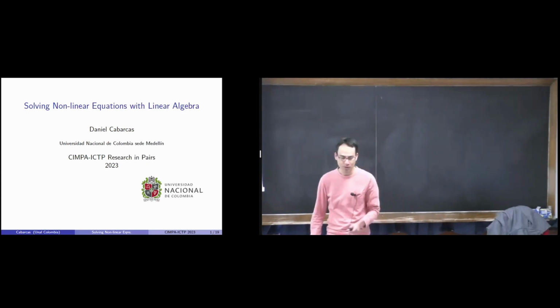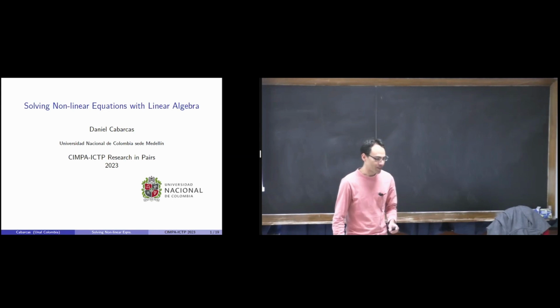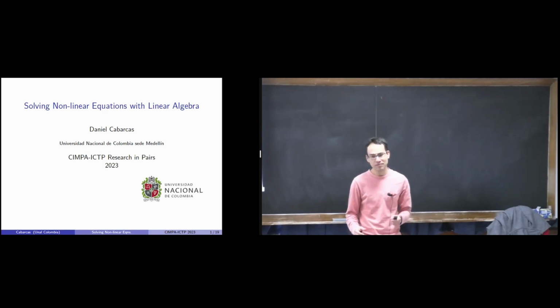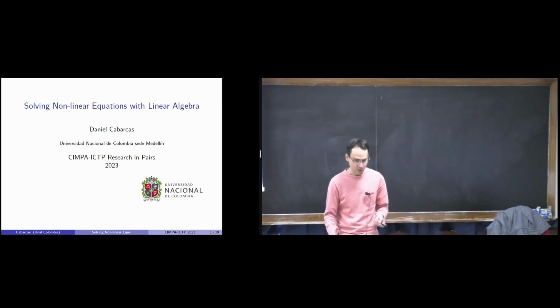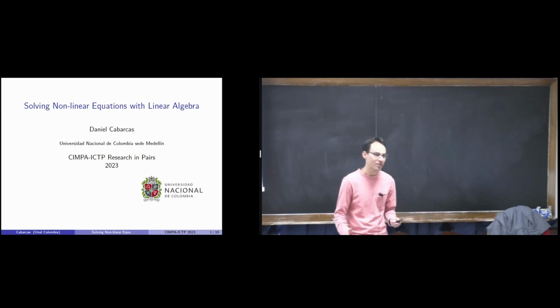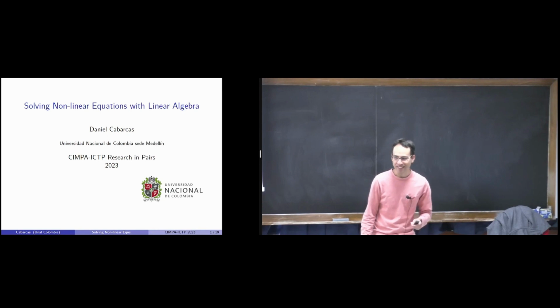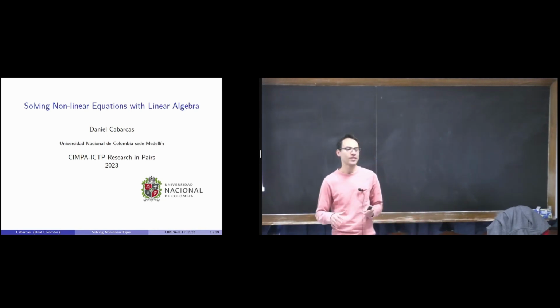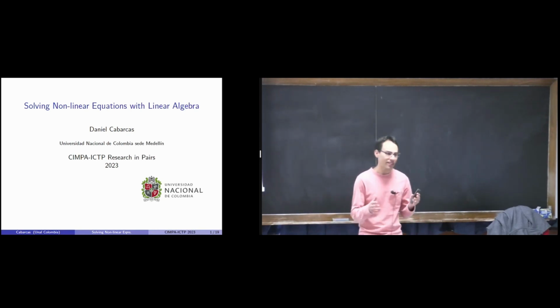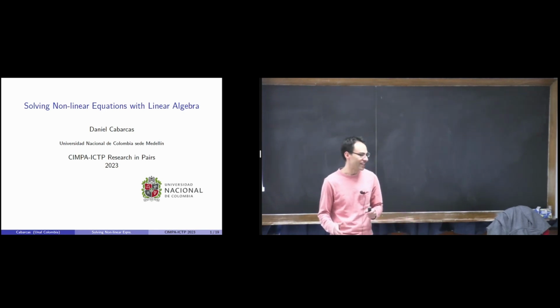Solving nonlinear equations with linear algebra. So solving systems of polynomial equations is a very useful tool. It has many applications in science and technology. The theory was developed in the 20th century, in the 30s and the 60s by people like Macaulay and Buchberger.